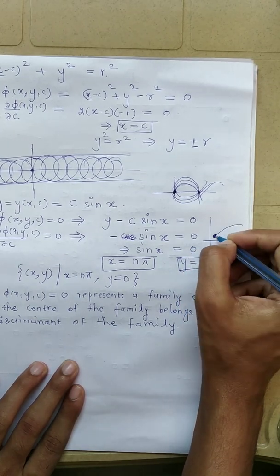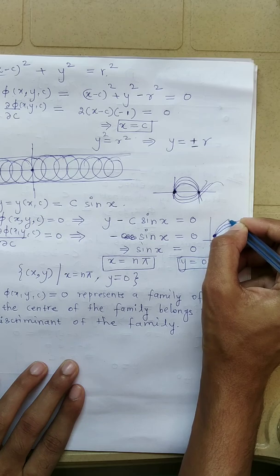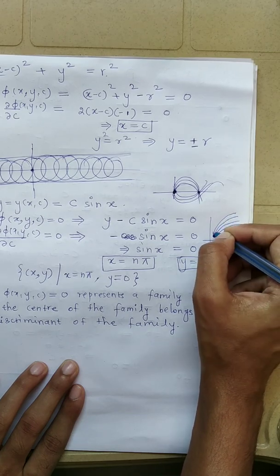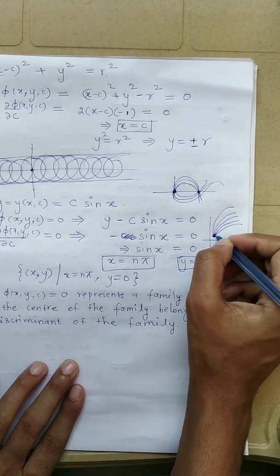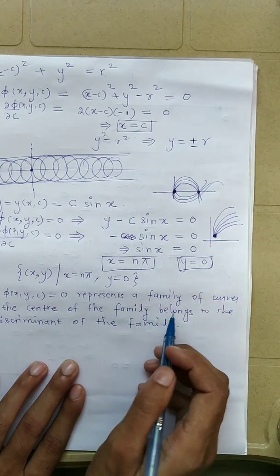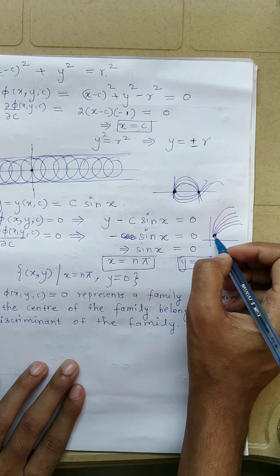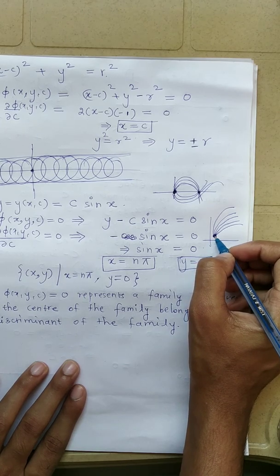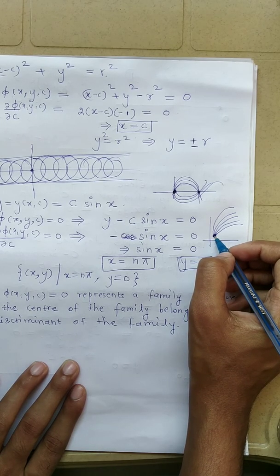These are all the curves of the pencil. Then the center of the family will be this. And it is true that this will always belong to the c discriminant of the family.